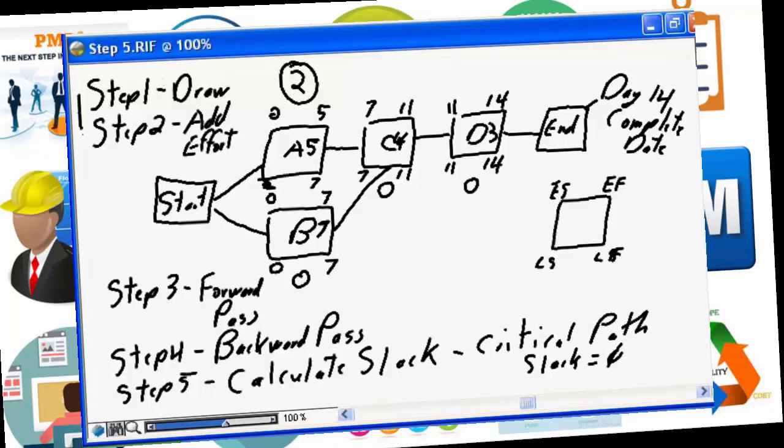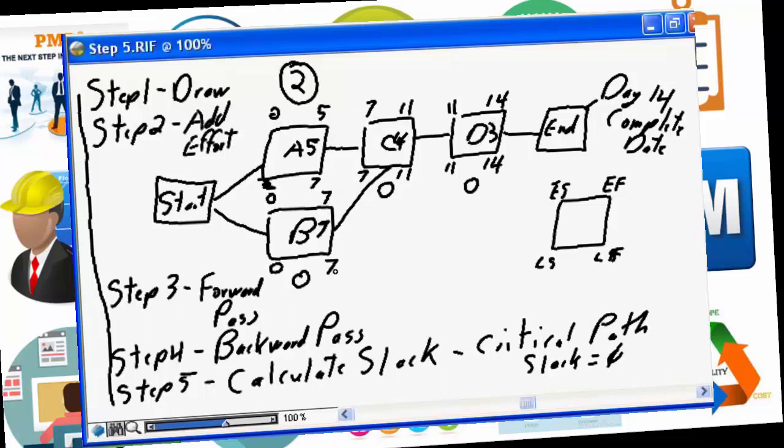That's the 5 steps associated with drawing network diagrams by hand. Step 1, you draw the tasks and identify the dependencies. Step 2, you add the effort required to complete each task. Step 3, you complete the forward pass, where you calculate the early start and the early finish for each task on your network diagram.